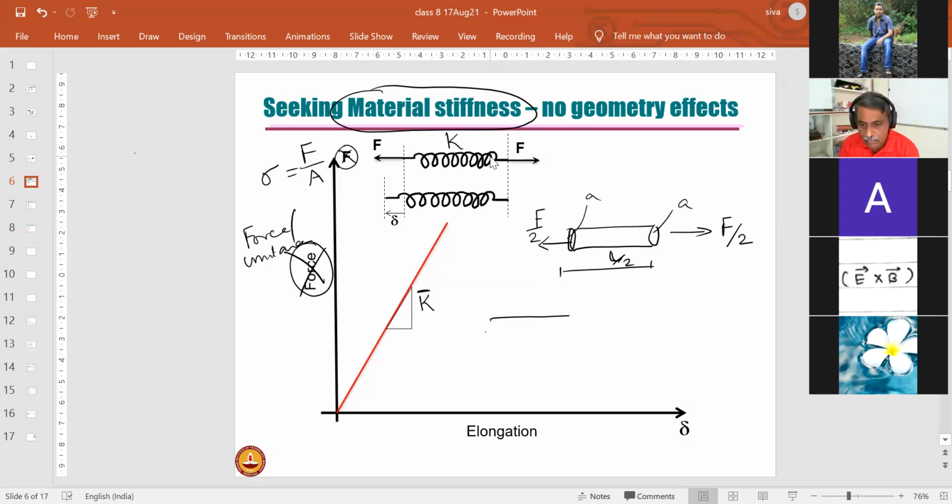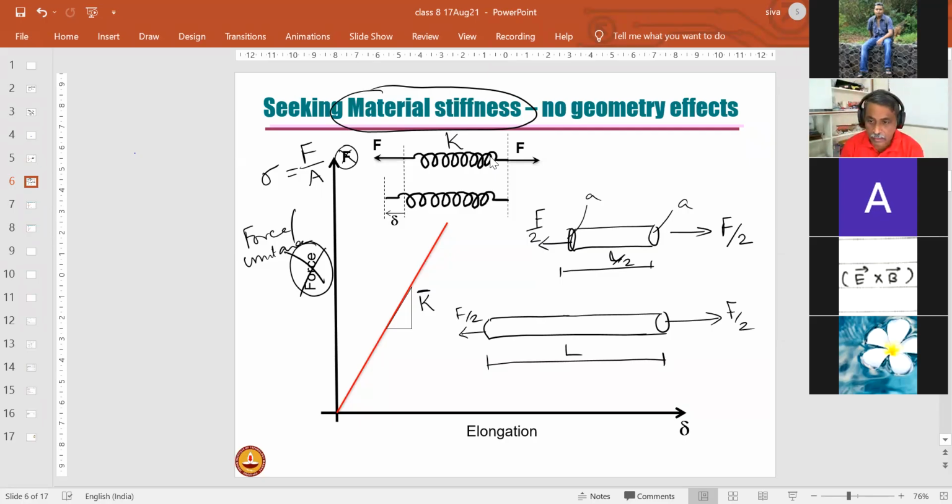Let us say now I take a length which is longer. Let us say L over here. And I apply the same force F by 2 over here. Don't ask me why I'm saying F by 2. Now, compared to this L by 2 and this L, how would the elongation be different?